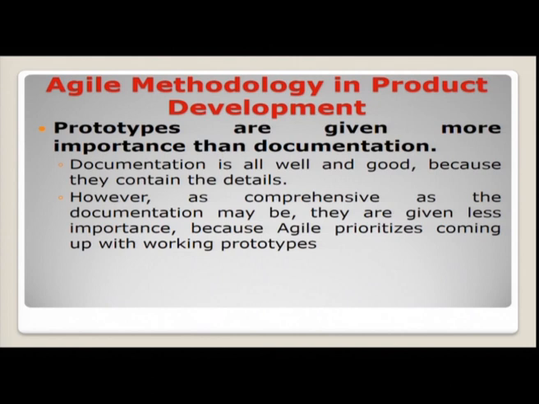We write documentation of whatever is required, whatever is needed. We do not give more importance to documentation, but we give more importance to creating the prototypes. However comprehensive the documentation may be, it is given less importance because agile software development by itself prioritizes coming up with working prototypes.